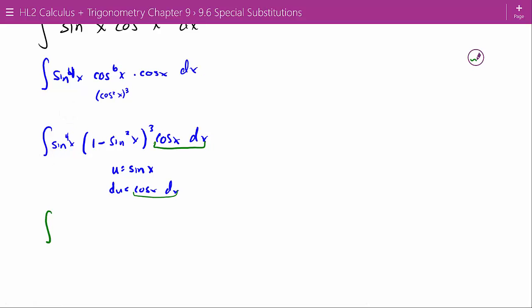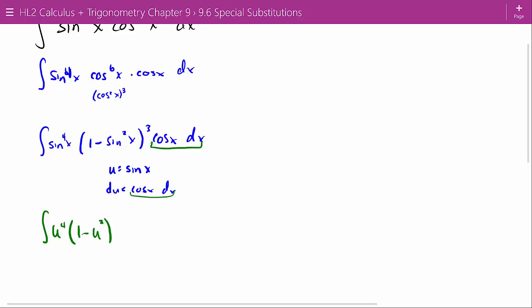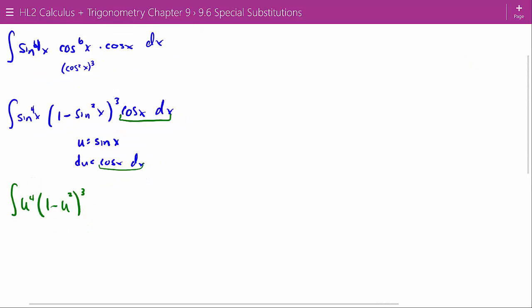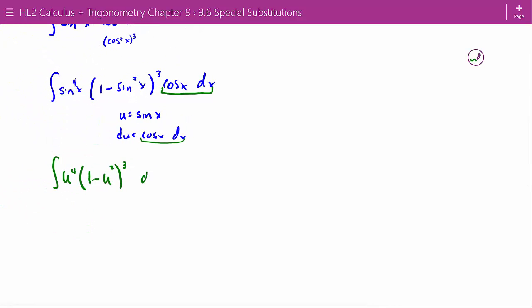So this integral becomes u to the fourth times (1 minus u squared) cubed du. Well, that's something that we can work with.